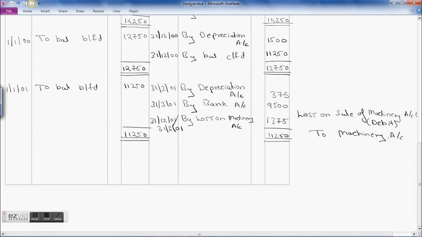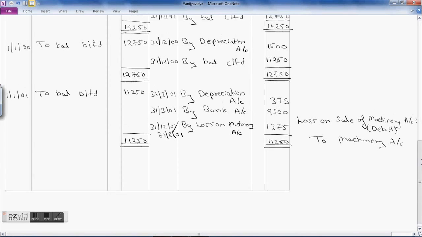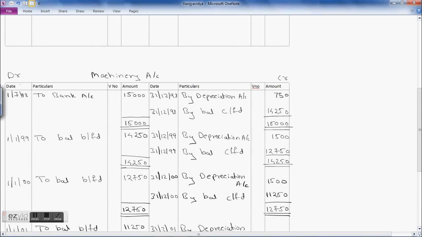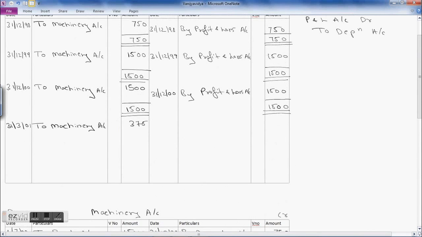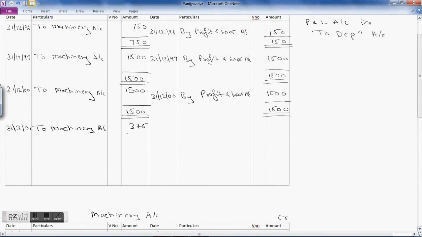So this is how we post the ledger entries in the machinery account and depreciation account. Now one more thing, as on 31st March 2001 there is some balance lying in depreciation account. So as on 31/12/2001 you'll transfer the balance to profit and loss account, since balance in all the nominal accounts will be transferred to profit and loss account. This total comes to 375.